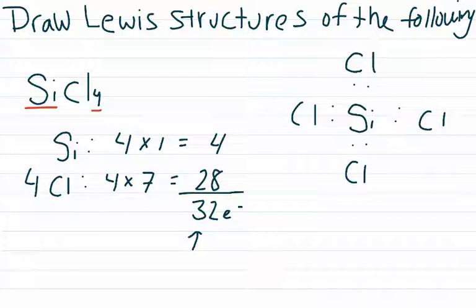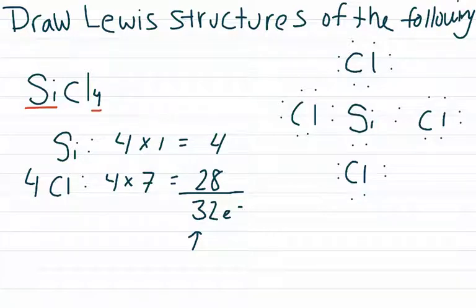Now we'll distribute more on what we call the terminal atoms. 8, 10, 12, 14, 16, 18, 20, 22, 24, 26, 28, 30, 32. Okay, so that's exactly what we need. Now we just need to go back and make sure that all of the atoms have 8 electrons around them.